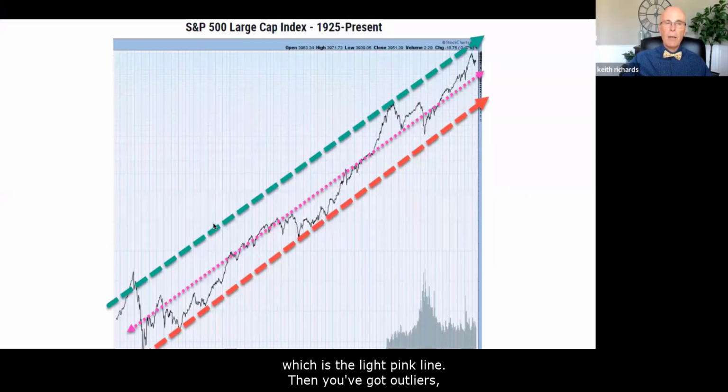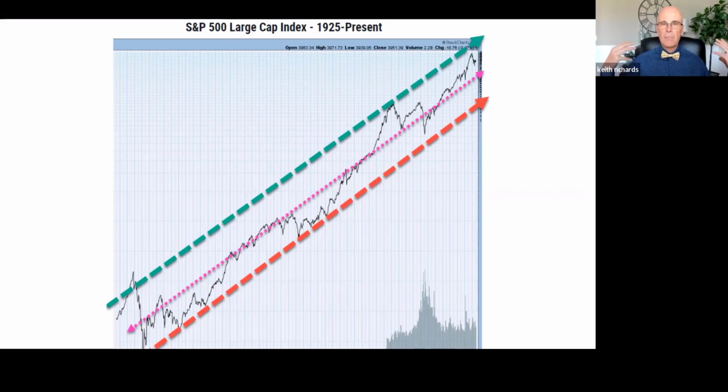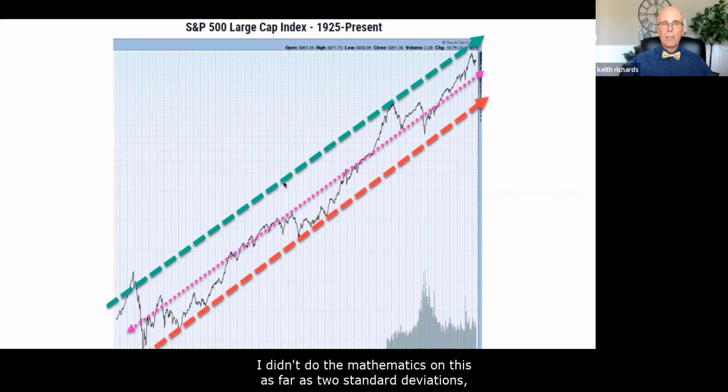And then you've got outliers, meaning a couple of standard deviations from that mean. So I didn't do the mathematics on this as far as 2 standard deviations, but what I'm clearly showing you is that somewhere along the upper green line here, the market likes to find reason to stop.